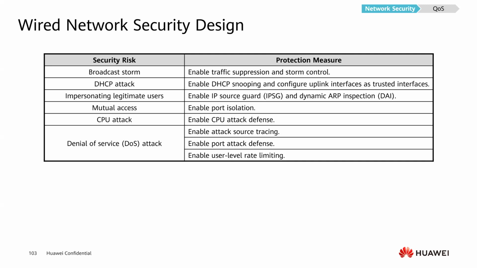Traffic suppression limits the traffic using the configured threshold, and storm control blocks the traffic by shutting down the interface. Another example is the port isolation we have just mentioned many times, and this configuration secures users' communication and prevents invalid broadcast packets from affecting the user services.